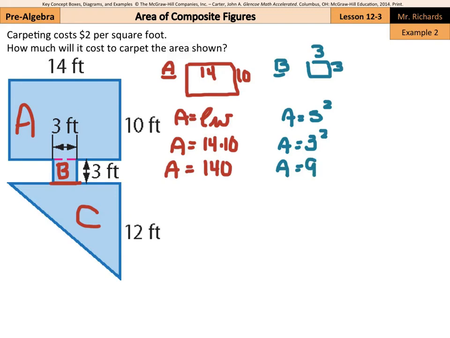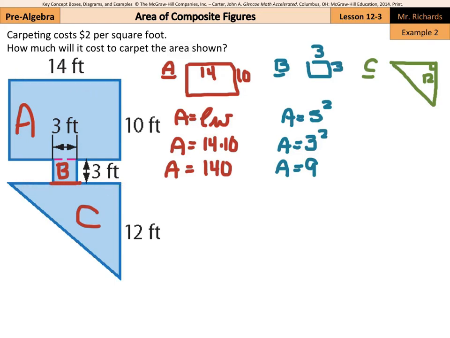Then we have our triangle, shape C, which if we redraw, we're given this 12 here. And we have the right angle there. And so now we need to find this side here. Well, this side we can assume matches this side. These two sides are the same length.